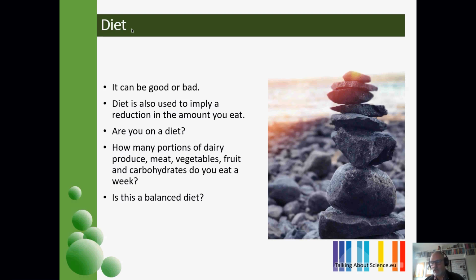And of course, the balance that is needed will depend on who you are, how old you are, whether you're growing, whether you're pregnant, whether you're lactating, whether you're getting a little bit older and so maybe you're not quite so active.